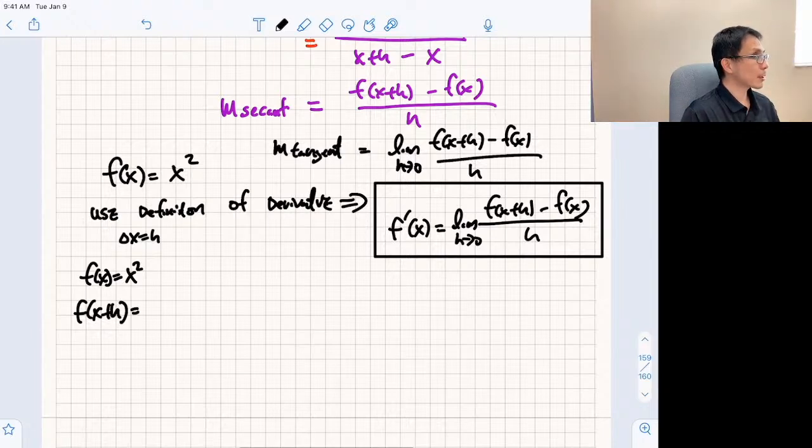What do you think x plus h is? No. If f of x equals x squared, what's f of x plus h? It's called a composite function. x squared plus h? No. Good try though.